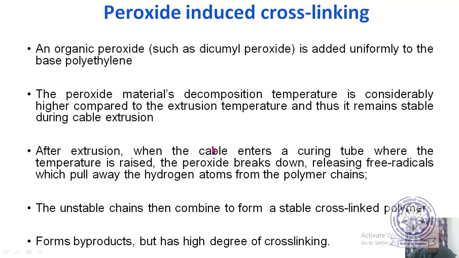But after extrusion, when the cable enters a curing tube where the temperature is raised, the peroxide breaks down, releasing free radicals which pull away the hydrogen atoms from the polymer chains, thus allowing the cross-linking. So the unstable chains then combine to form a stable cross-linked polymer. Of course it forms certain byproducts, but has a high degree of cross-linking compared to other methods.